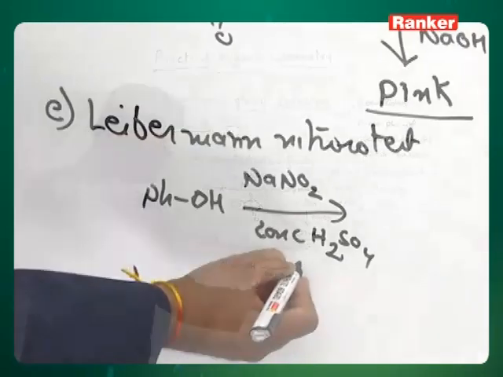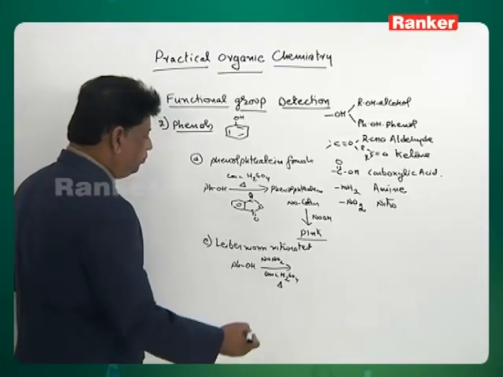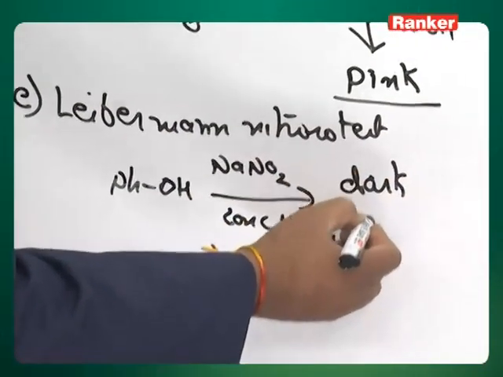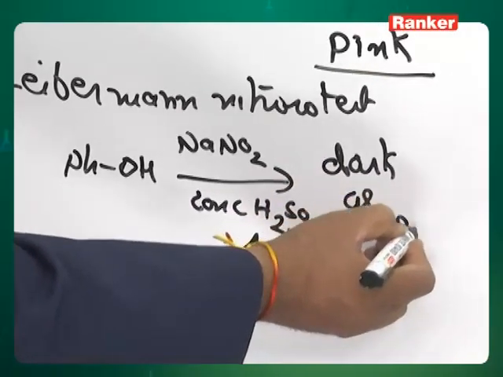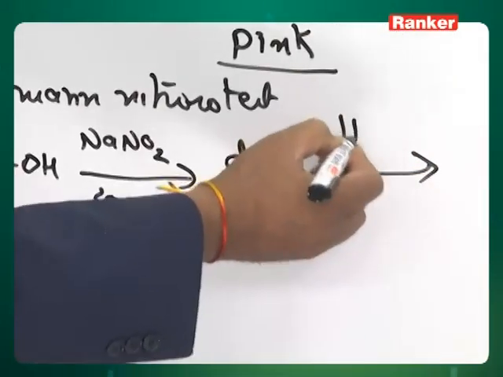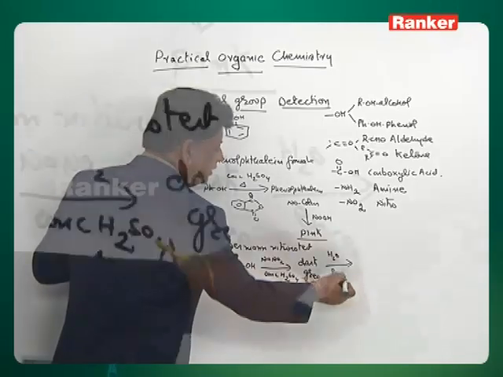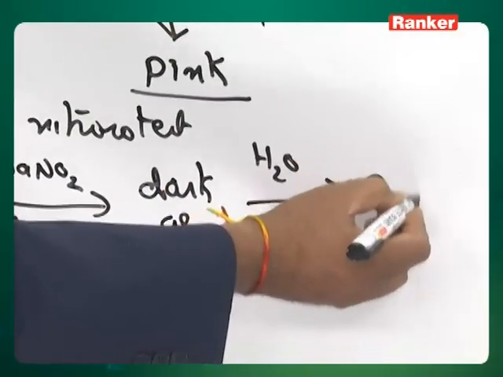You will get first a dark green substance, which on adding the excess of water, if you add it becomes red color.